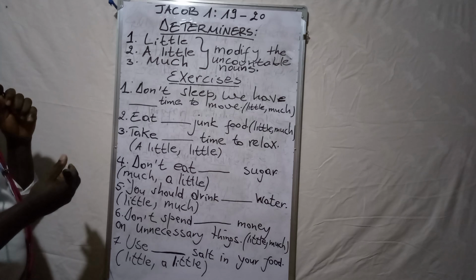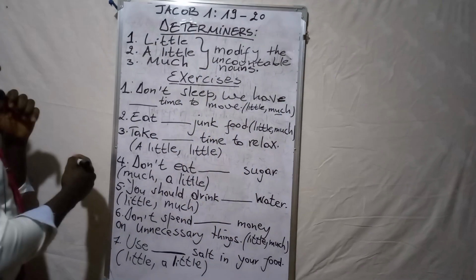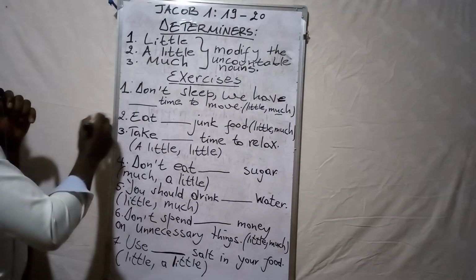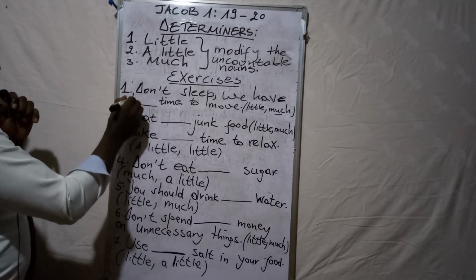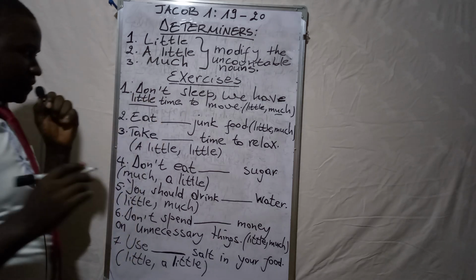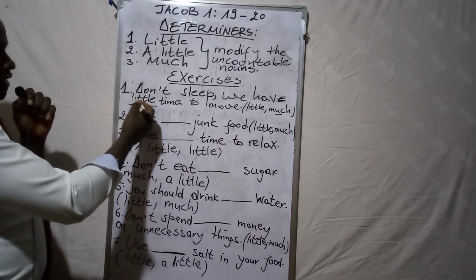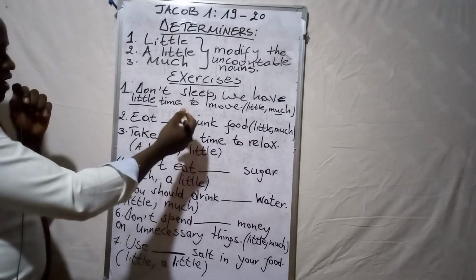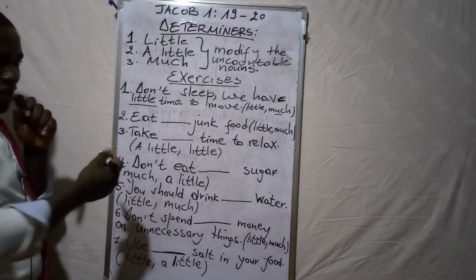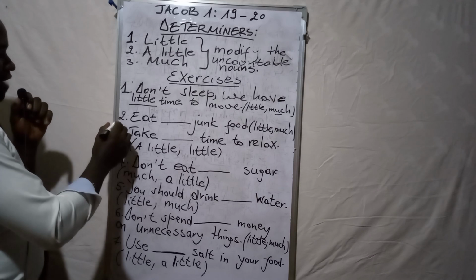Much means a large quantity, so the answer is little. That's why you can hear the sentence: don't sleep, we have little time to move. Because can you count time? You can't, right?